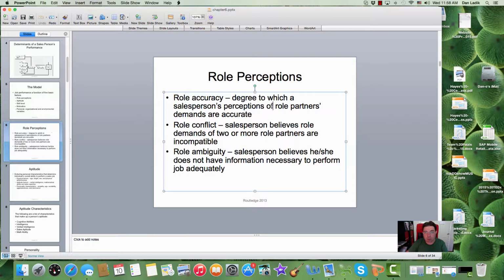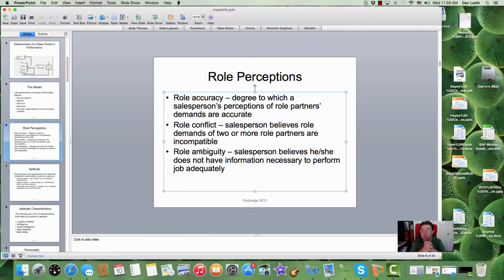Role accuracy, conflict, and ambiguity aren't 3 separate things. Role inaccuracy is defined as either conflict or ambiguity. Conflict is when things are defined so tightly and there's one or more role partners that are butting heads or overlapping.